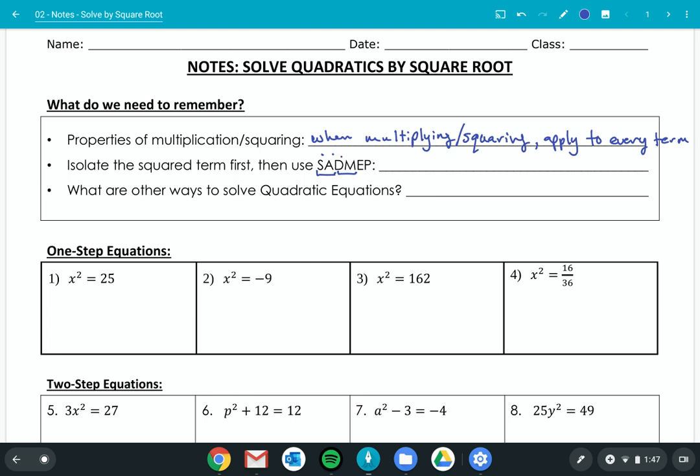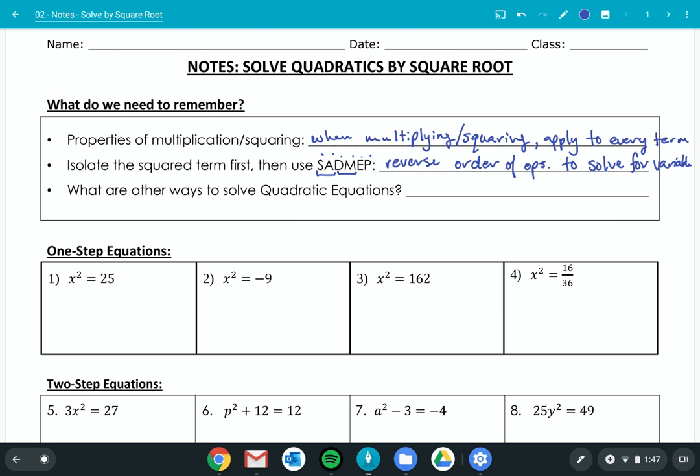Then if we can divide or multiply anything away, by that point we want to deal with the exponent, and then anything that was in parentheses if there were any. So it's really just doing reverse order of operations and solving for the variable.